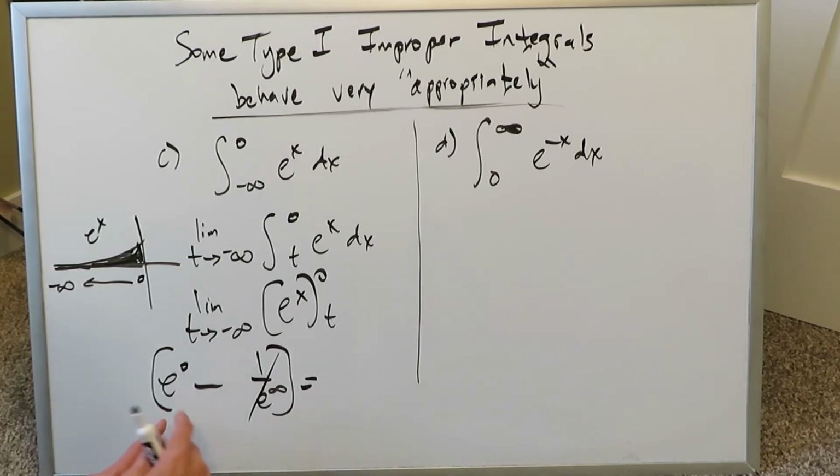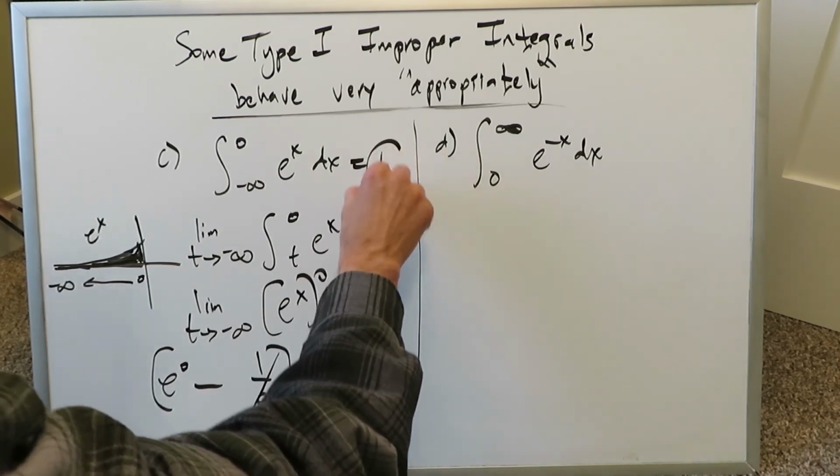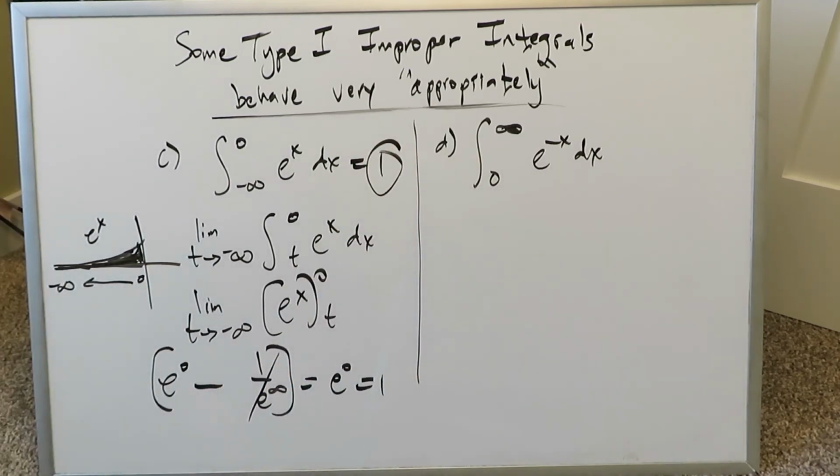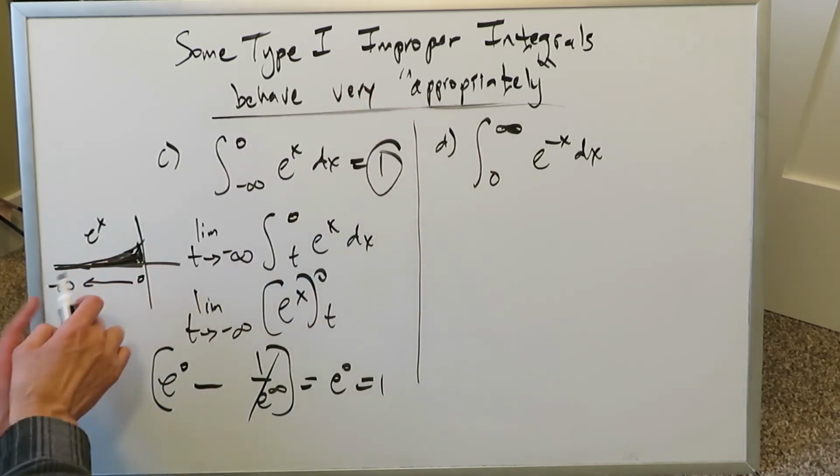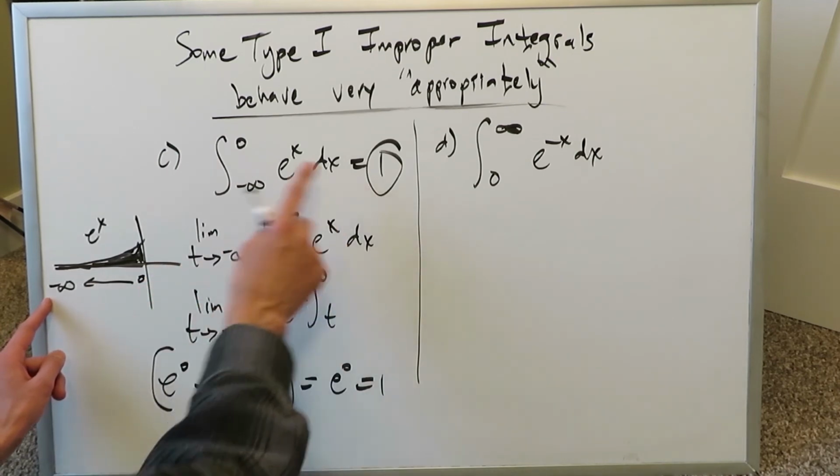So all of this in terms of the area below the curve from minus infinity to 0 comes out as e to the 0, which is just 1. And there it is. You're seeing true convergence come into play and a true improper integral behaving very appropriately. All of this area from minus infinity to 0 will always equal 1.